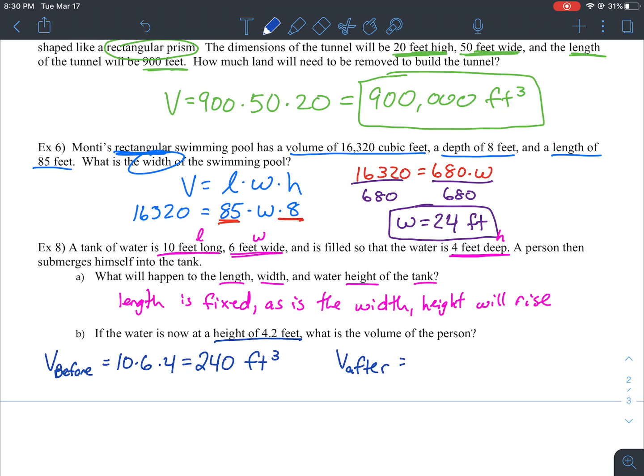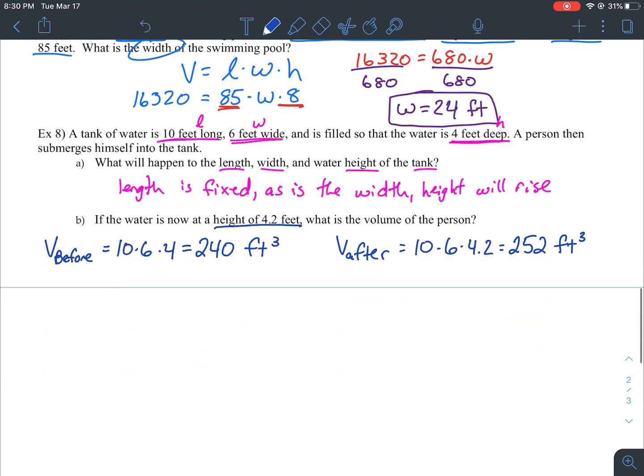Now if we find what was the volume after the person went in, the length was still 10, the width was still 6, but now the height is 4.2. So that'll be 10 times 6 is 60, times 4.2 comes out to be 252 cubic feet.